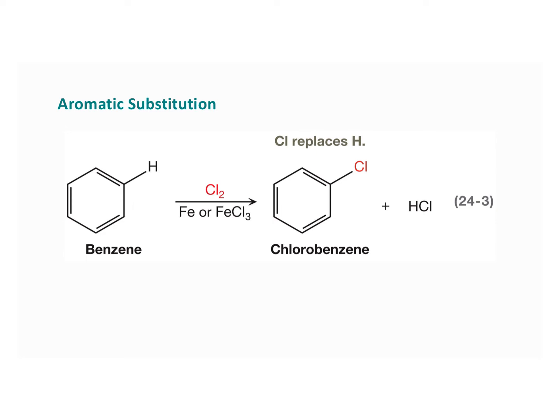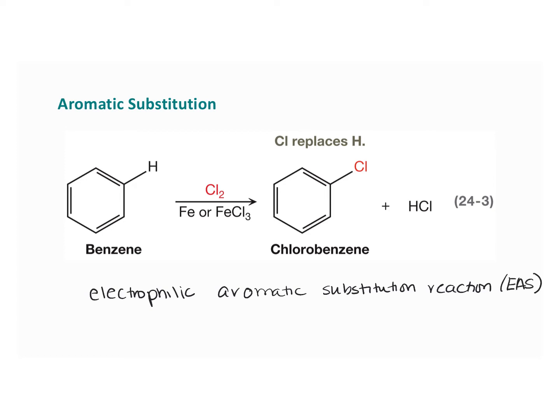More specifically, this is called an electrophilic aromatic substitution reaction, which is sometimes called an EAS reaction, okay? And the reason it's called this is because an electrophilic chlorine and an aromatic species are involved.